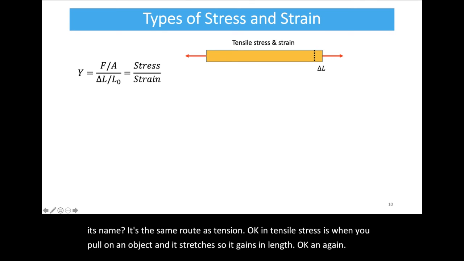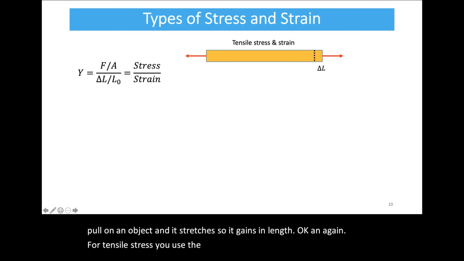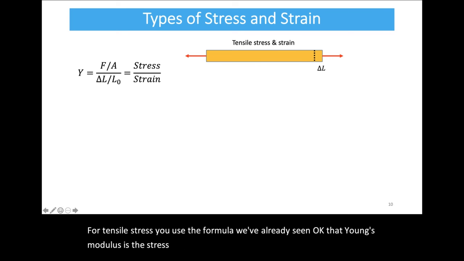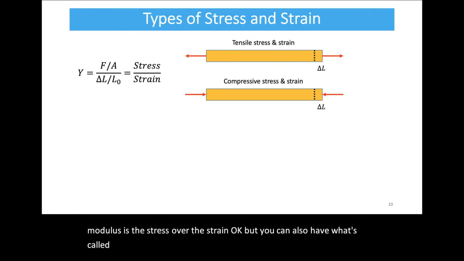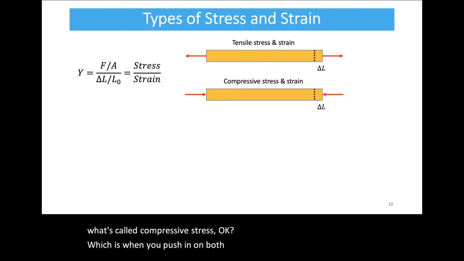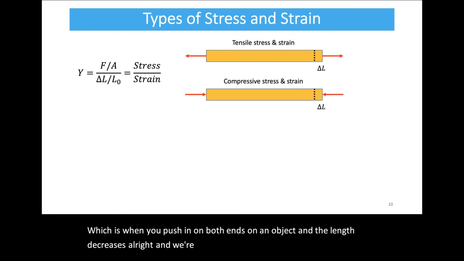For tensile stress, you use the formula we've already seen: Young's modulus is the stress over the strain. But you can also have what's called compressive stress, which is when you push in on both ends of an object and the length decreases.